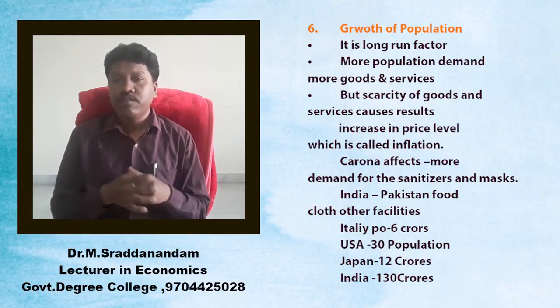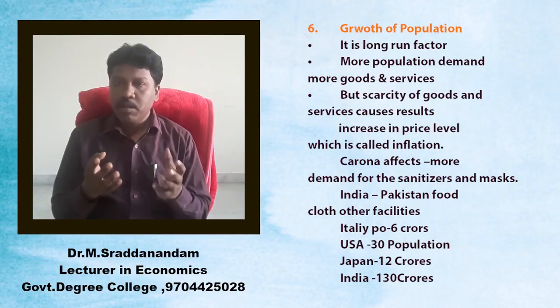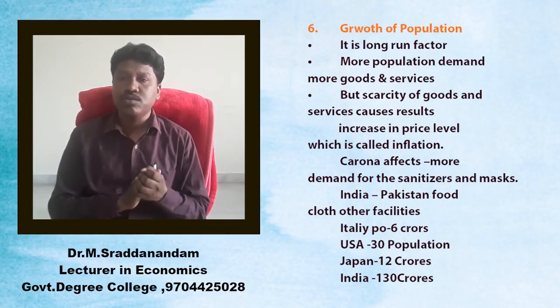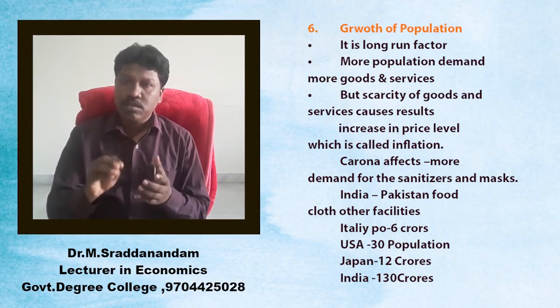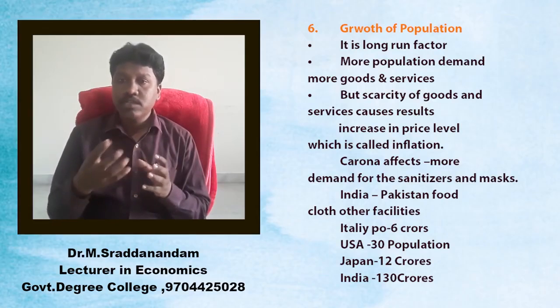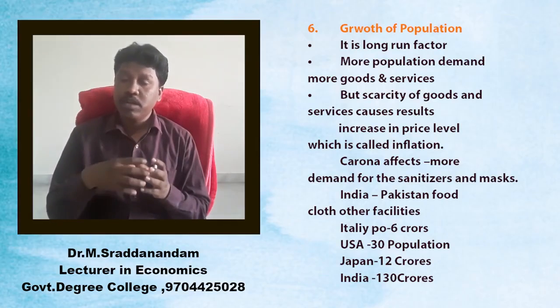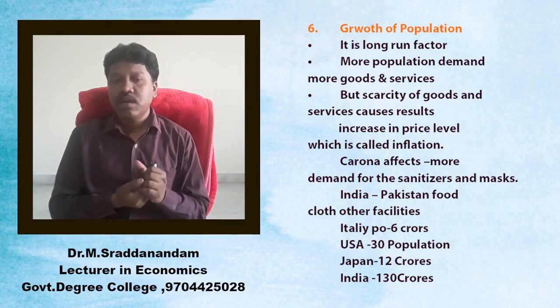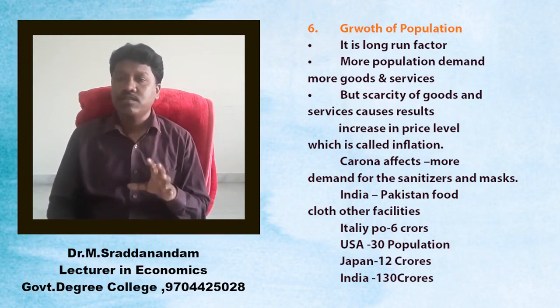For example, America's population is around 31 crores, Japan's population 12 crores, India's population 130 crores. Likewise, the population demands more goods, and more services. So this is also one of the reasons: the growth rate of the population, which is a long run factor.